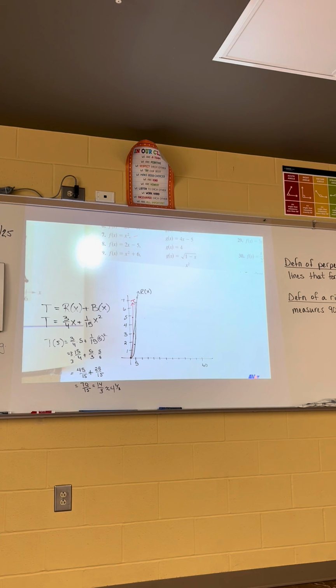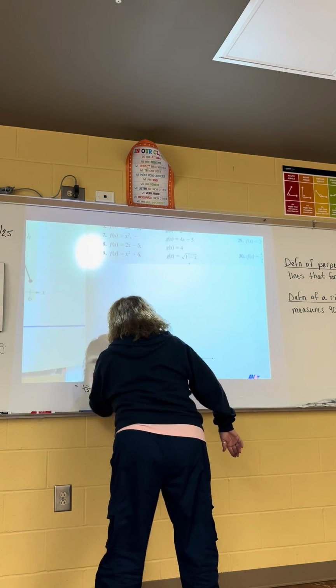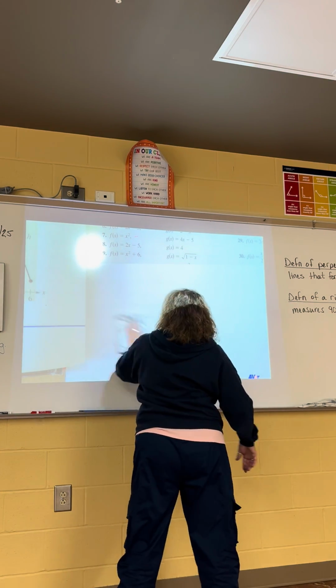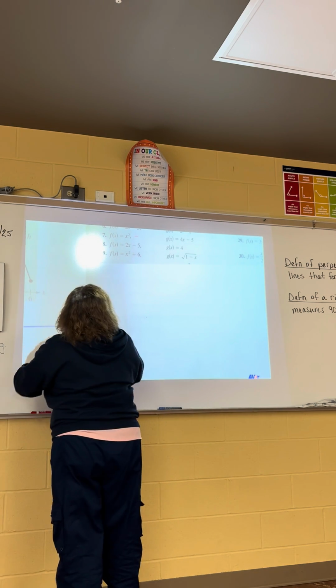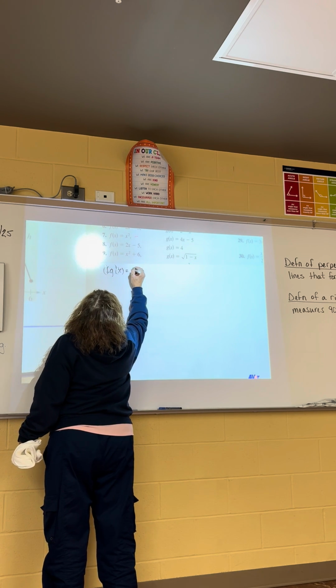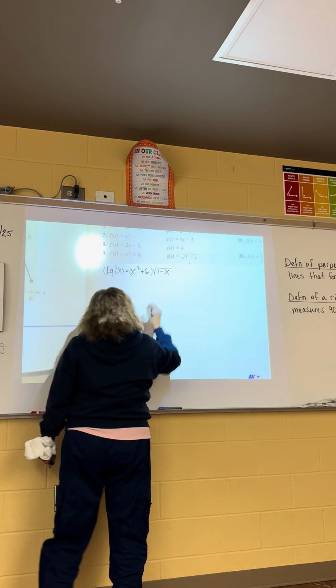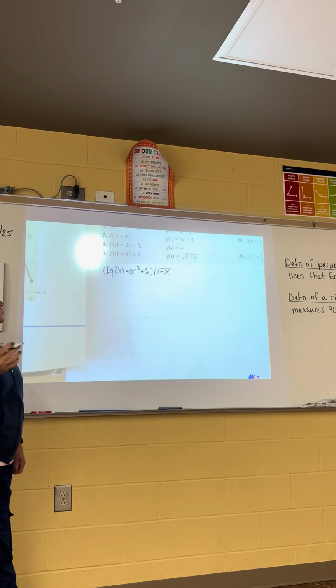Okay, number 9, the directions read, find f plus g, f minus g, f times g, and f divided by g. Do I have to do all of those? Just do multiplying and dividing. You could leave it like that if you wanted, or you could distribute.